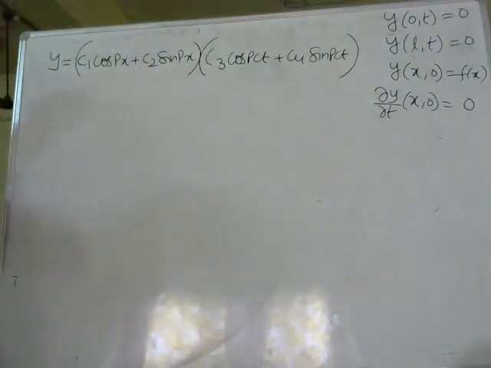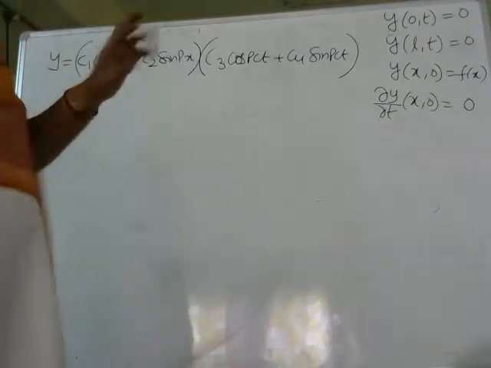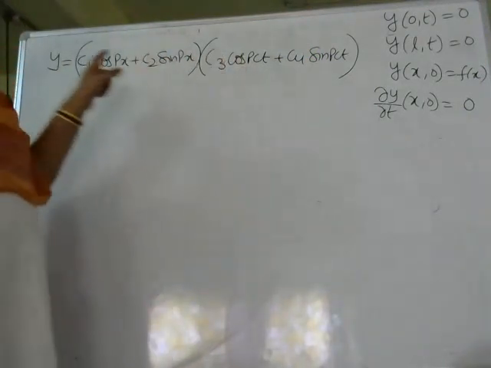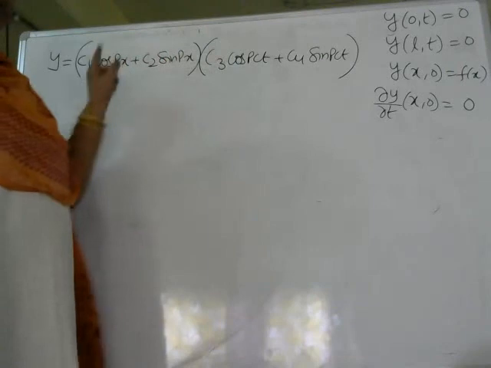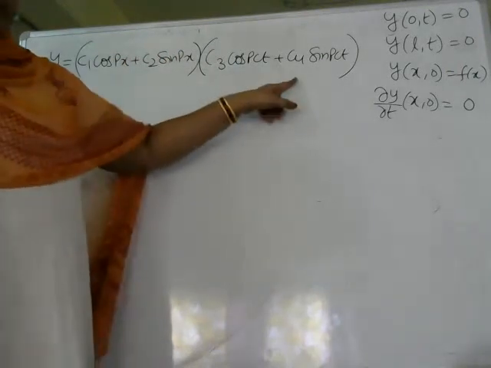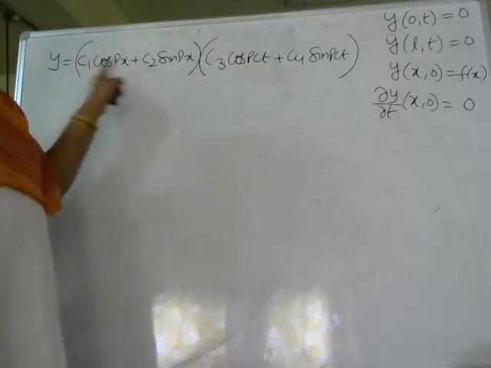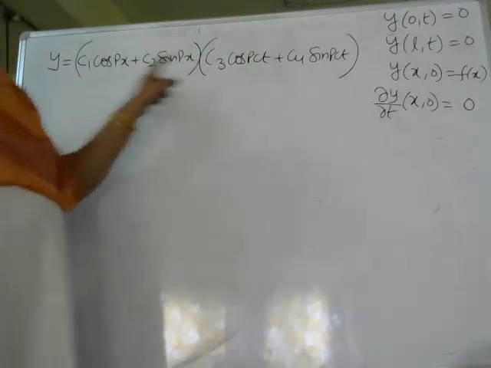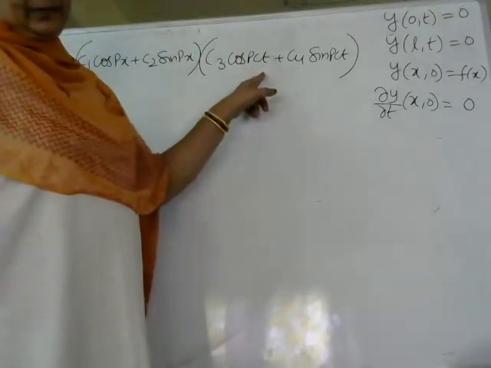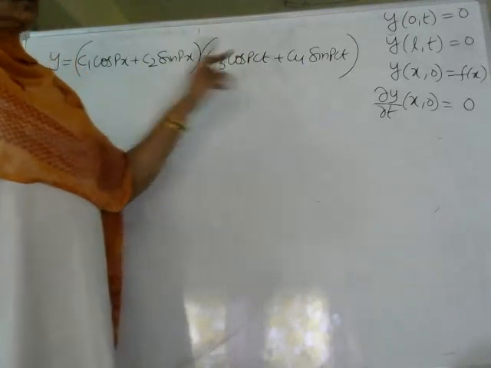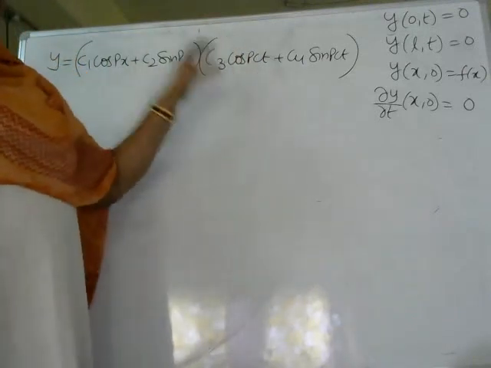We have seen that out of these three, this is the only suitable solution we have over here. What did you observe in this solution? We have altogether 4 constants: C1, C2, C3, C4. In that, you can observe that 2 constants are connected with x and 2 constants are connected with t. So we need 2 conditions on x and 2 conditions on t.